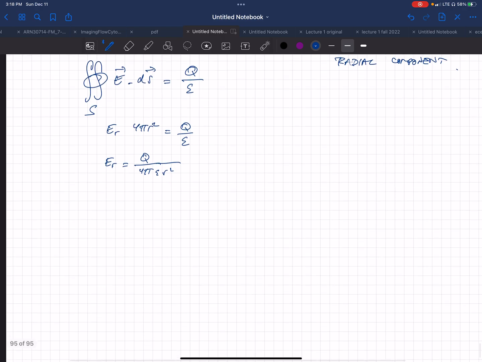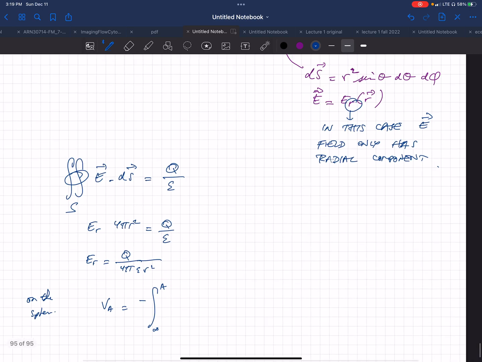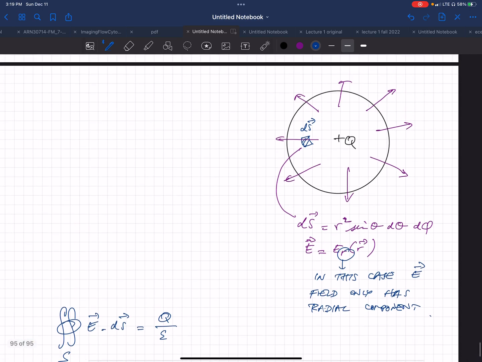Now, the potential on the sphere, V sub A, is the work it took to bring a test charge from infinity to the point A, which is on the surface.